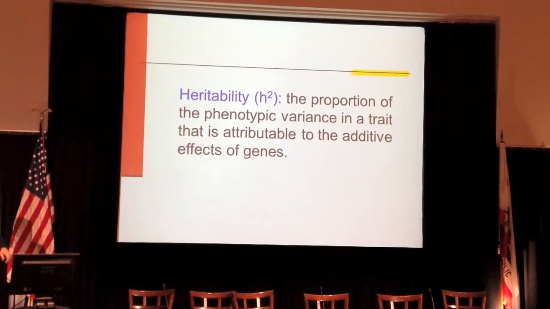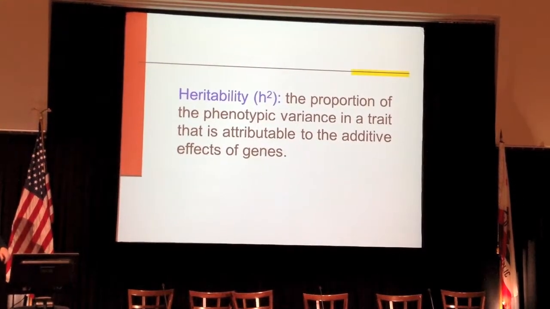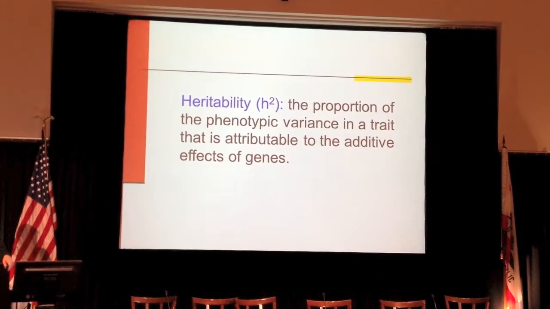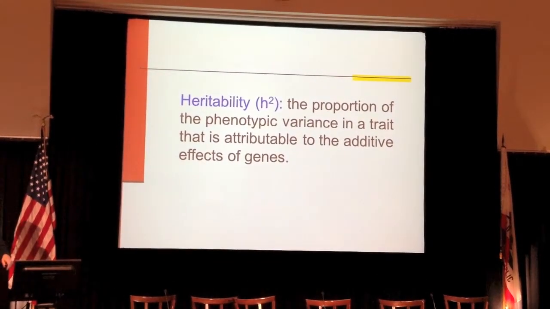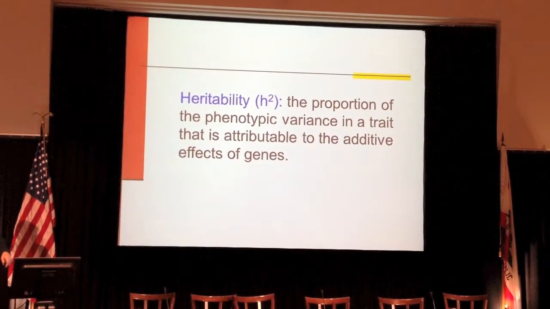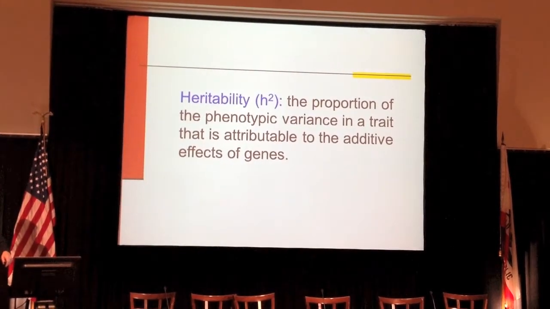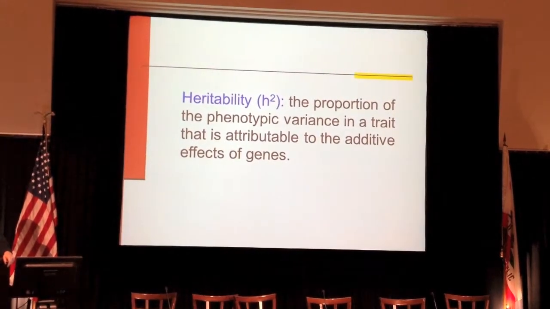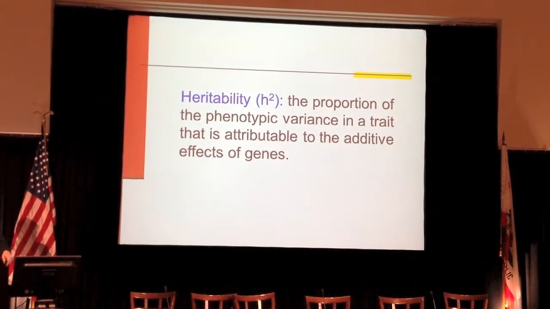Now let's define one of the fundamental measurements in genetics, and that is heritability. I'm sure you have heard the heritability term used many times during the talk. Heritability is the proportion of the phenotypic variance in a trait that is attributable to genetic effects, and that's broad sense heritability.